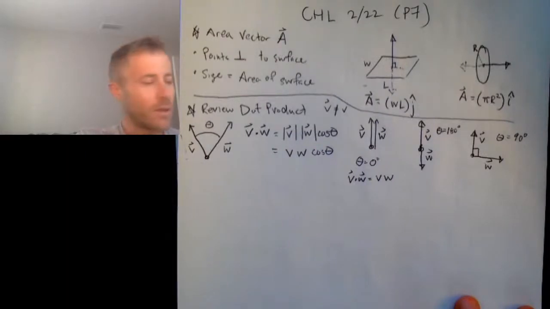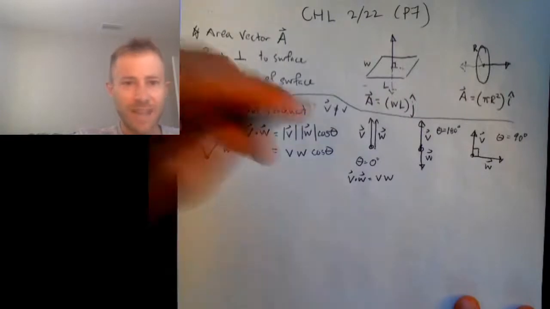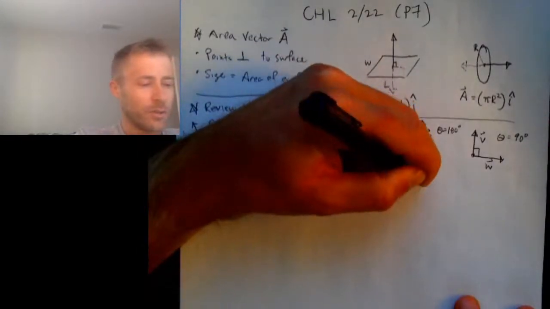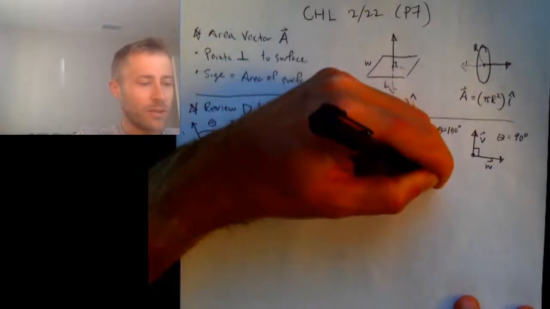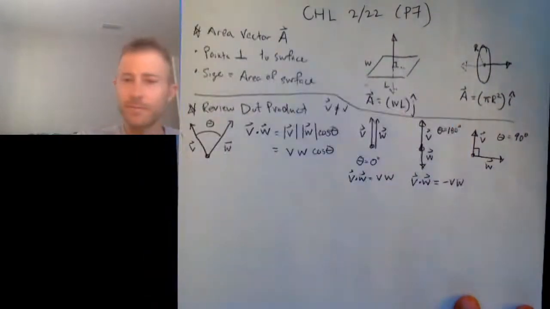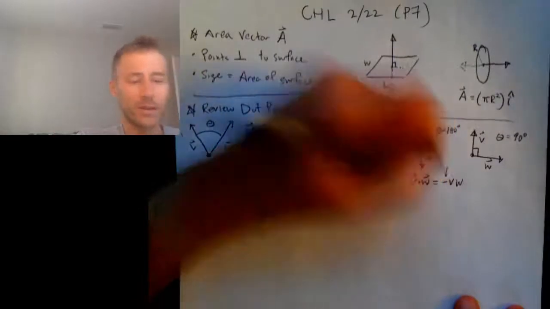The cosine of 180 is negative 1, so in this case V dot W is minus the magnitude of V times the magnitude of W. This minus sign is from the cosine of 180.